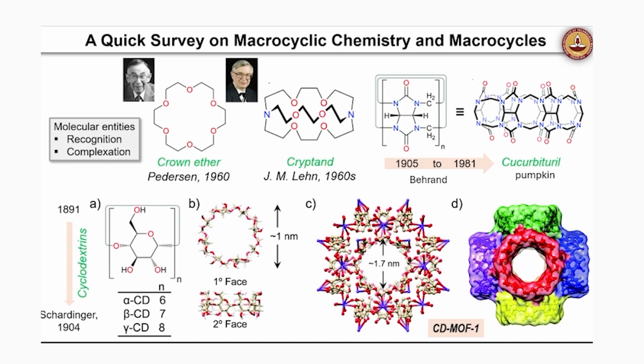Three of such tubes are interconnected at a junction, and such structures are nicely generated with the help of potassium ions. This is the very first structure, reported in a very excellent journal by Professor Stoddart.